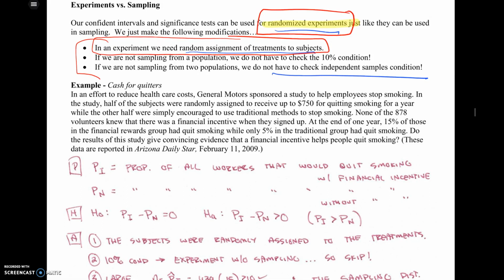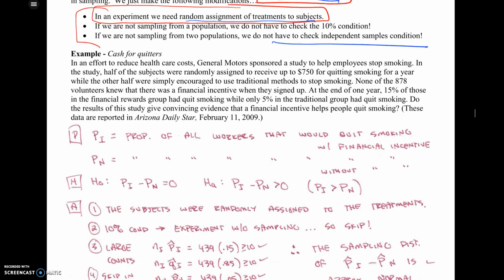If you're randomly assigning the treatments, then you can prove causation. If you do both, then you can generalize to the population and prove causation. If you don't do either, then you can't generalize to the population and you can't prove causation. So every study is going to be in one of those four outcomes. You should think about that whenever you're writing your conclusion statement.